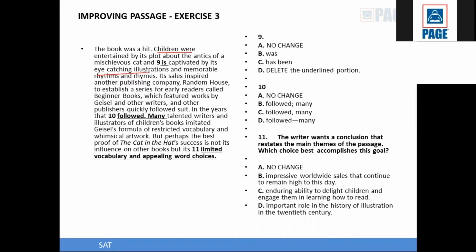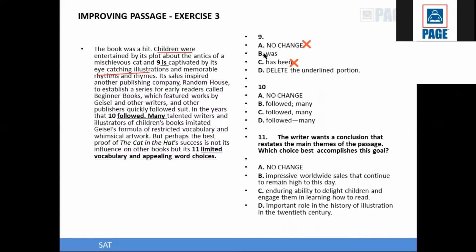It can't be "is," so we can't go with A. No change is wrong. We can't go with "has been" either, which can be eliminated because they use the word "were," past tense.